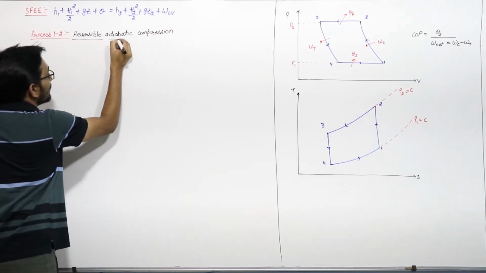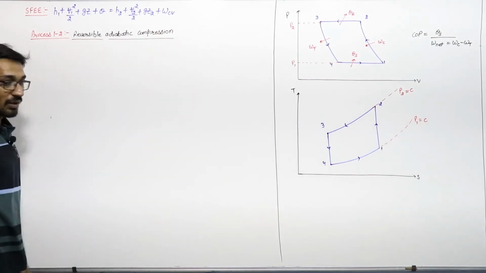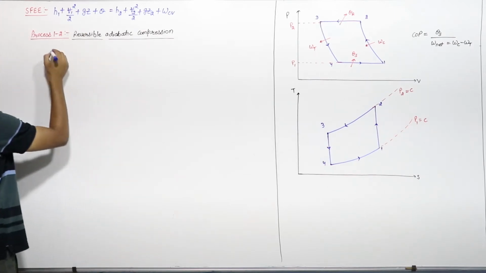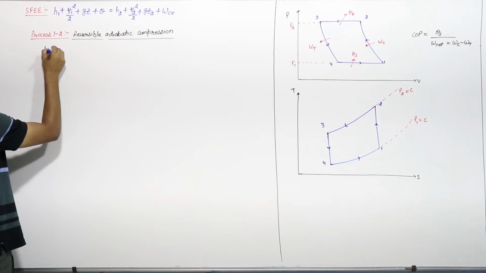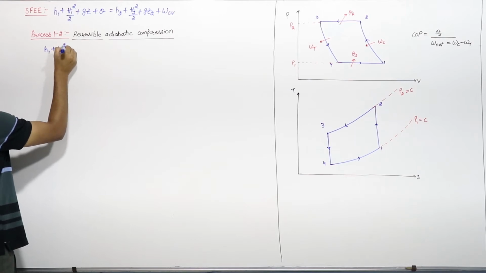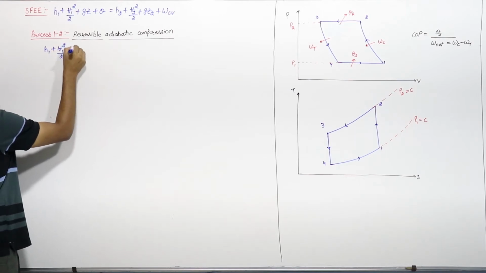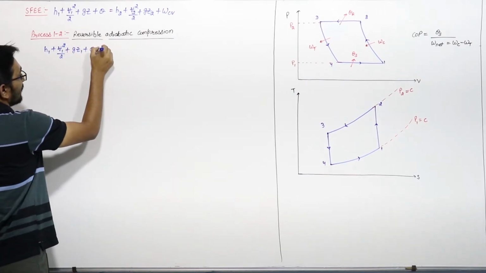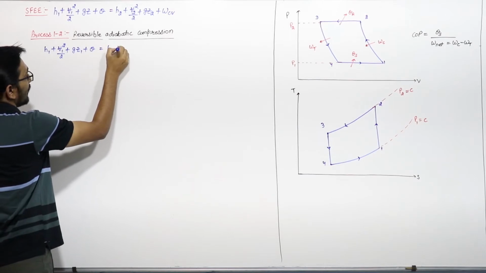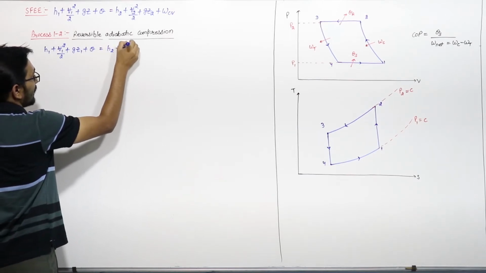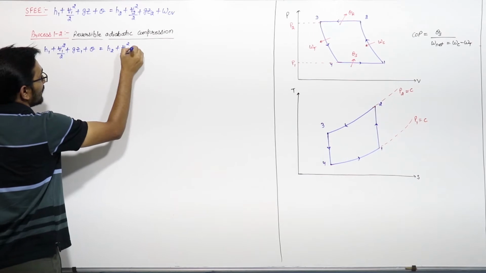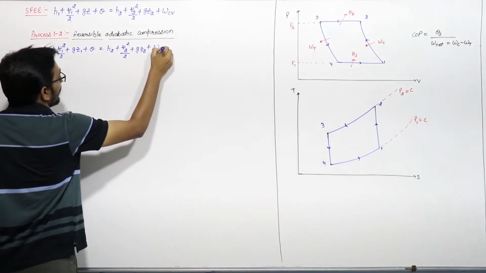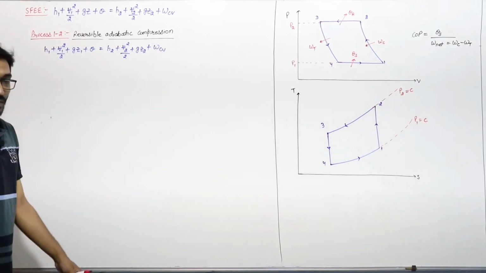If I apply the steady flow energy equation to this process, I can write again h1 plus V1 square by 2 plus g z1 plus heat supply is equal to h2 plus V2 square by 2 plus g z2 plus work done by the control volume, right?